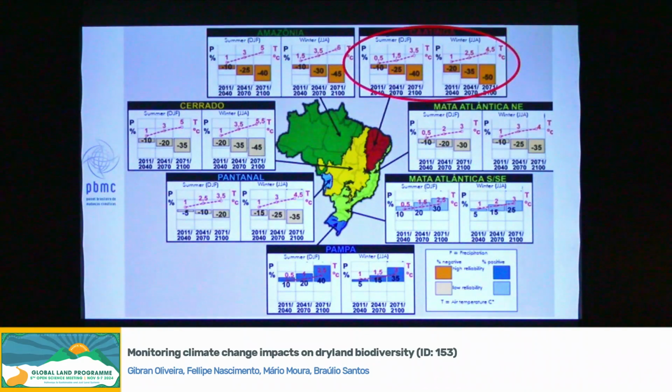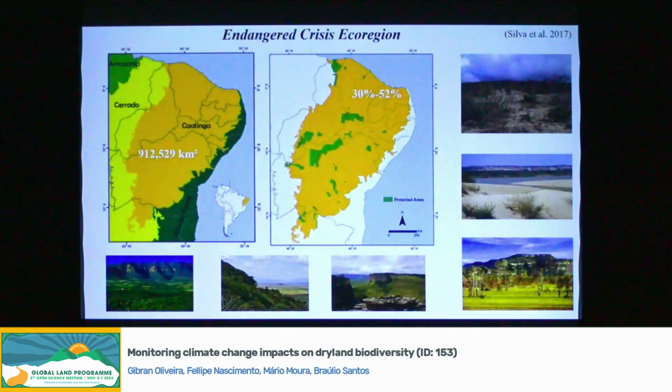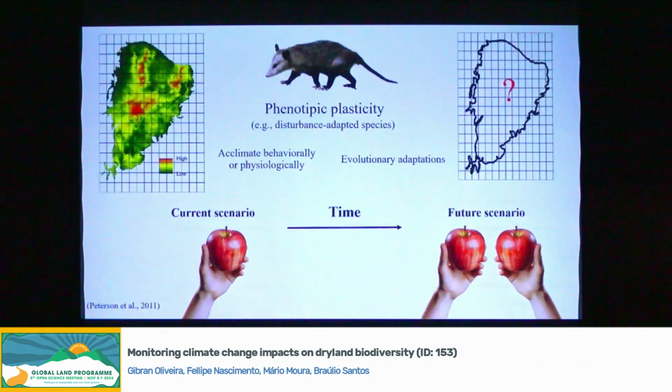And the Caatinga is a dry land from Brazil. It's our biome. It has a projected reduction of 50% in the precipitation and an increase of 4.5 degrees in the temperature. This dry land has the size of Mexico. It's about 1 million square kilometers, and half of this is already altered by human activities.